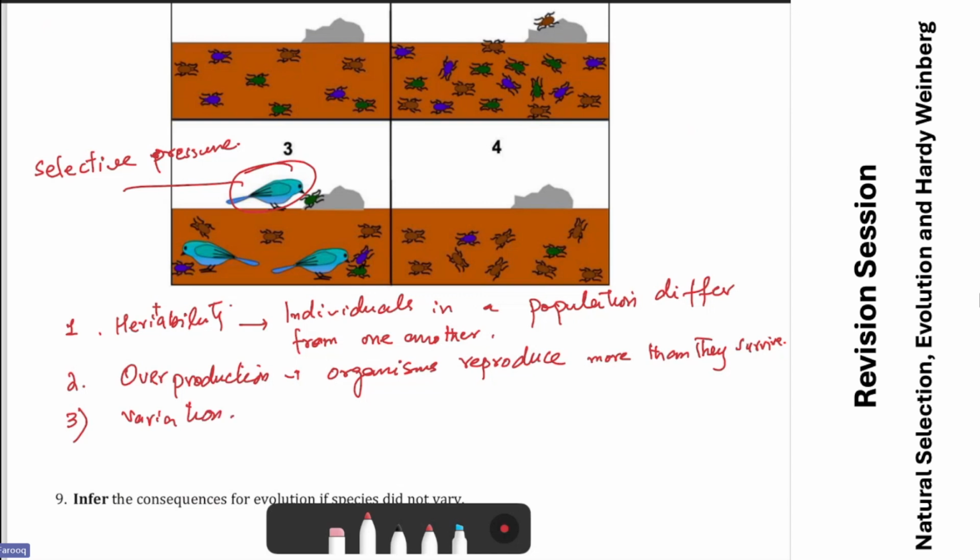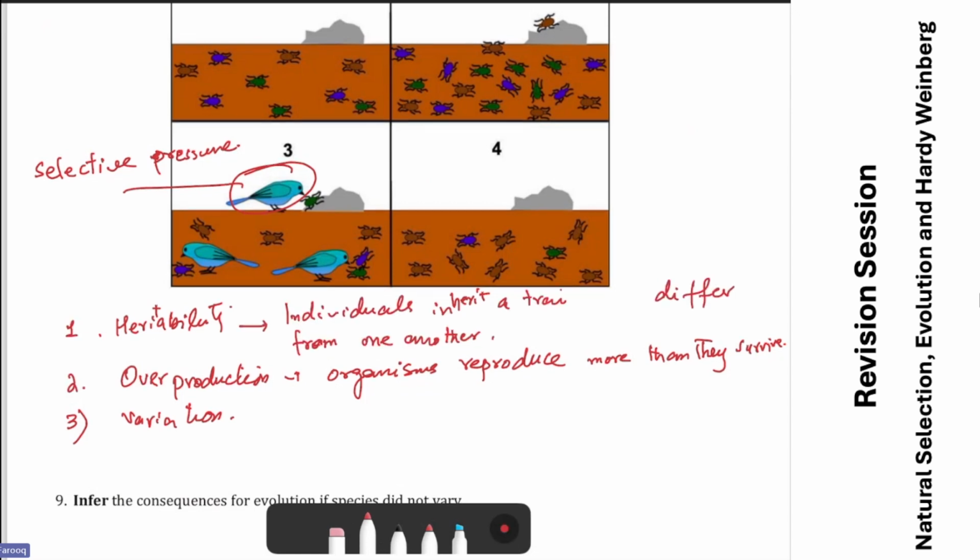And here we can say individuals inherit a trait, and differ. Then number 3, we can say that some variations allow individuals to survive against a selective pressure.